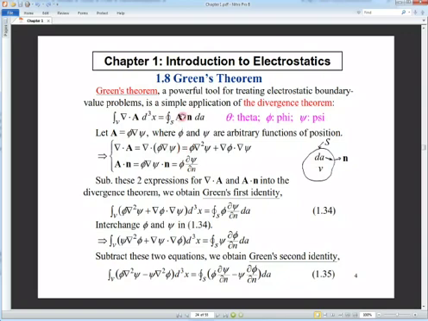Put this part instead of A dot n in the right hand side, and dA is the same.